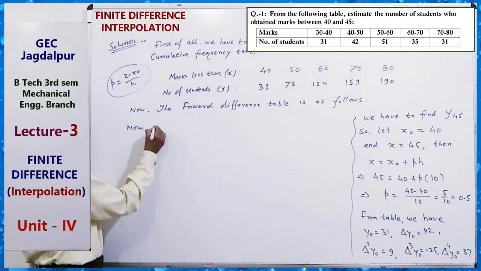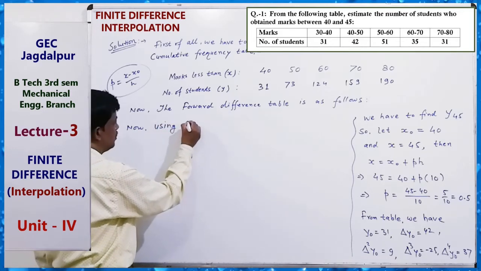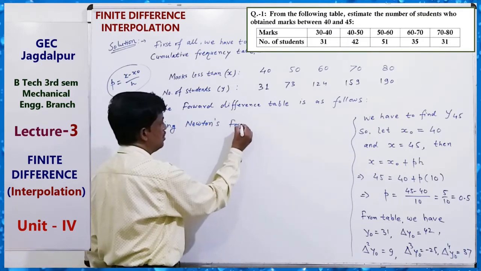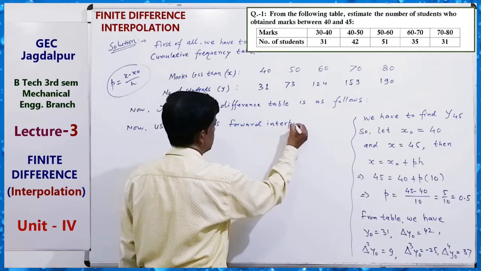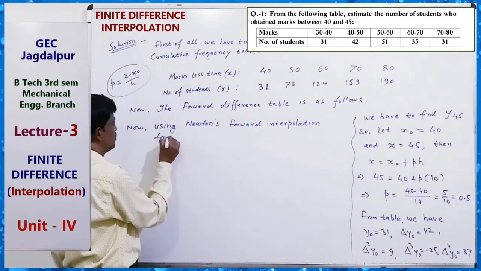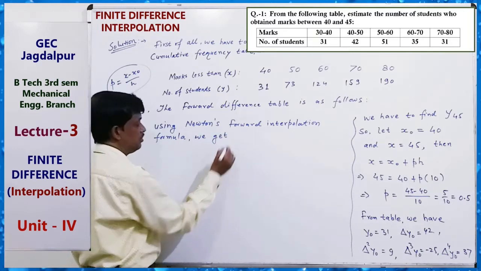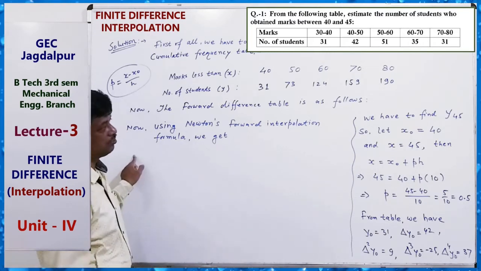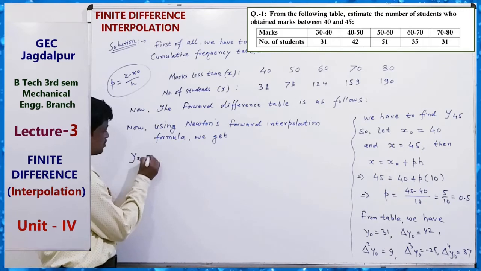Now, using Newton's forward interpolation formula, we know the interpolation formula, yx equals the targeted value, y45.